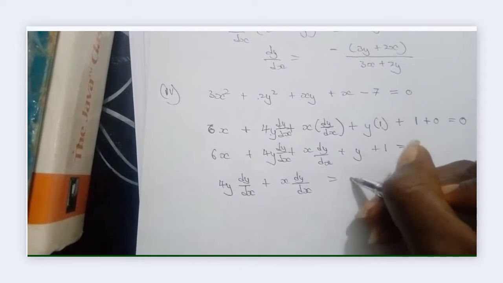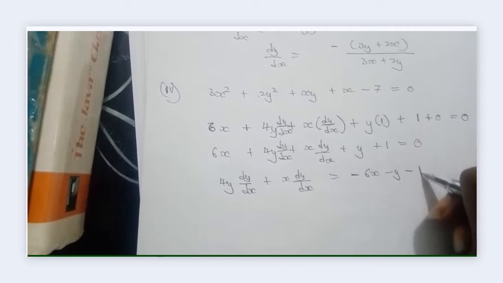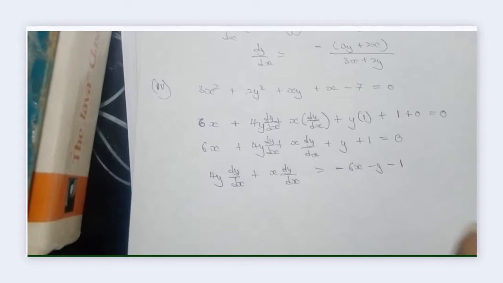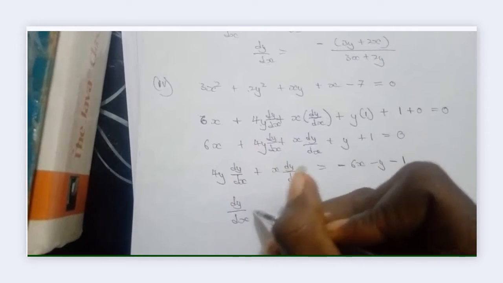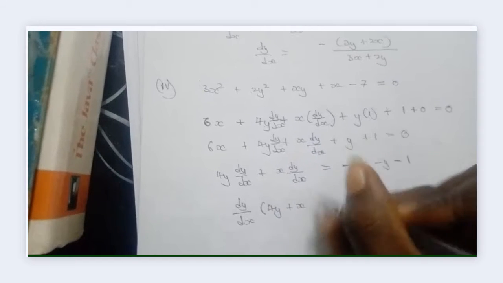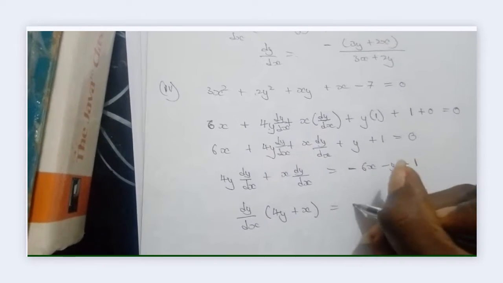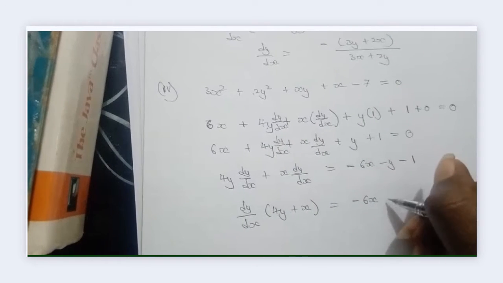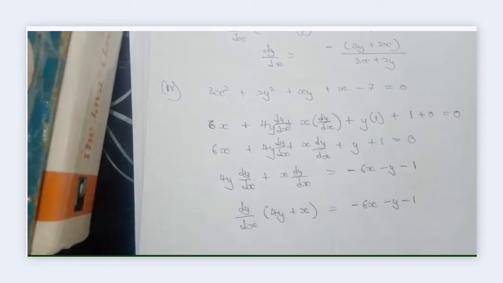Equals to minus 6x minus y minus 1, right? So this one will just be dy over dx, open bracket, 4y plus x, then close the bracket, equals to minus 6x minus y minus 1, right?